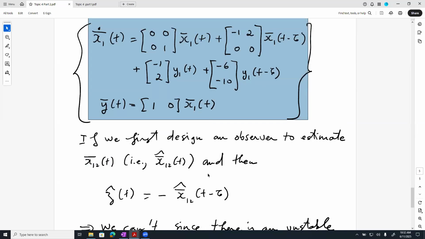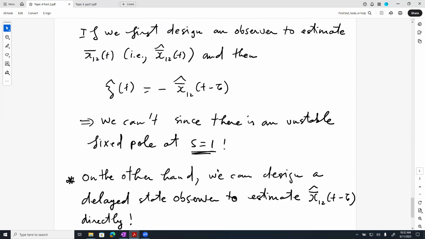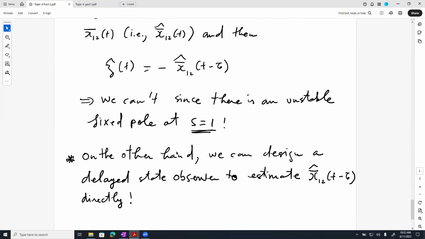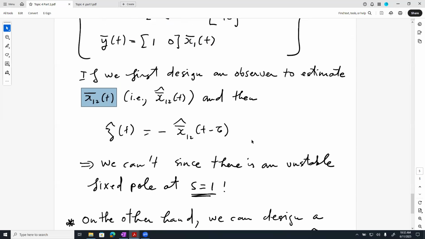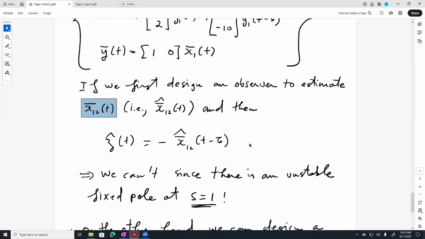We get an unstable observer. We cannot estimate this unknown stack variable. And if we employ an observer with an internal delay, then we can have a stable error dynamics equation, but it doesn't work for an arbitrarily large time delay. So there is another problem in there.